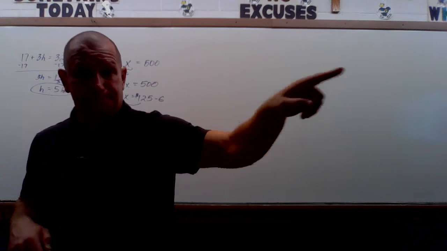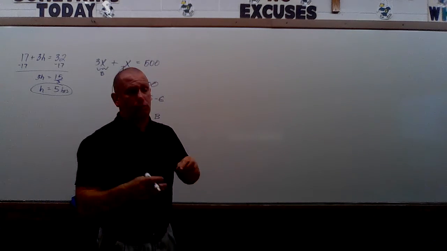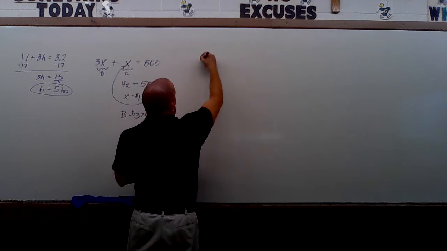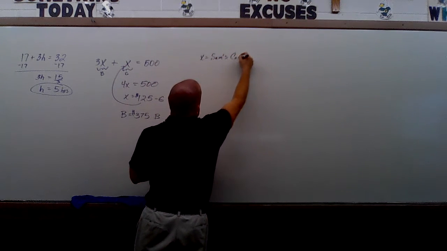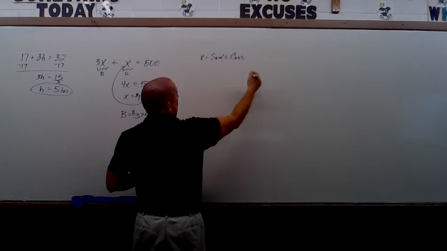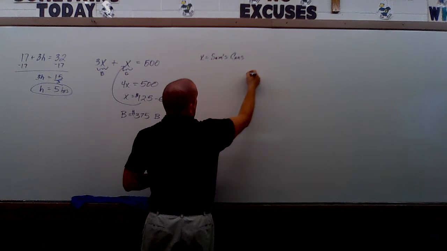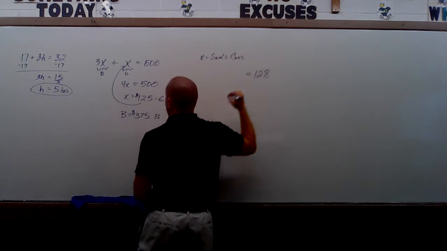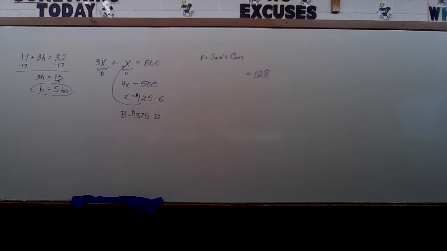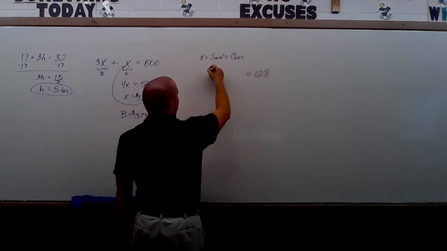Not really, right? So, somebody tell me who you want X to be. X equals Sam's cans, right? So, how much do we have together between the two of us? We definitely have a total of 128. Everybody agree with that?